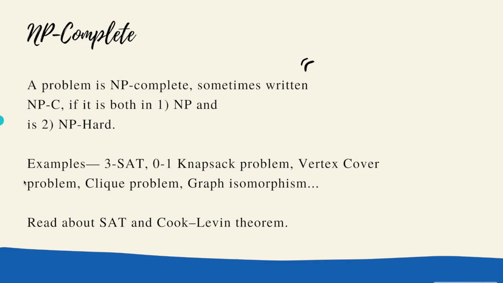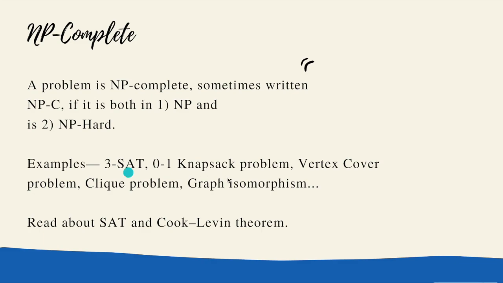Examples of NP complete problems would be 3 SAT. I would advise you to read about what a SAT problem is. In fact, 3 SAT is just the Boolean satisfiability problem, where it's more restrictive in that every clause can only have 3 literals, hence 3 SAT.